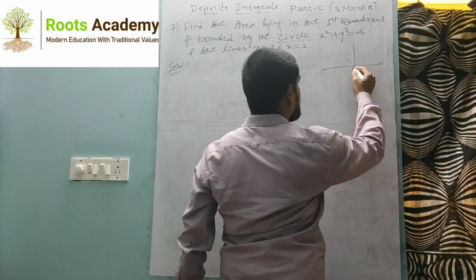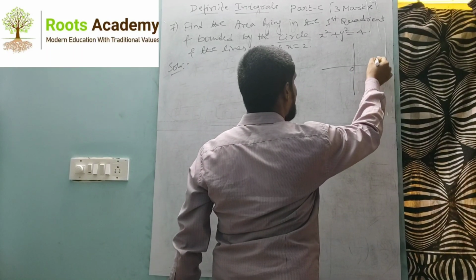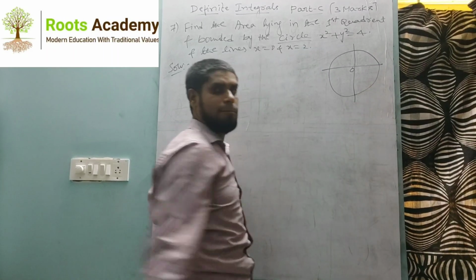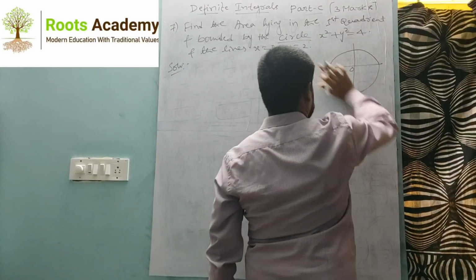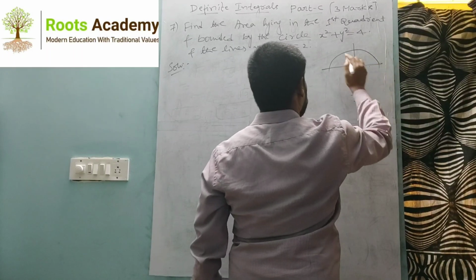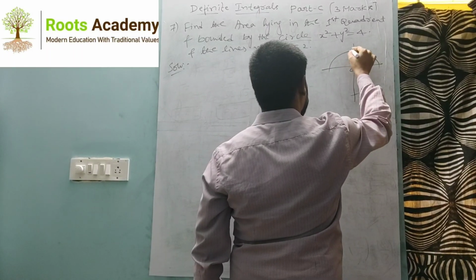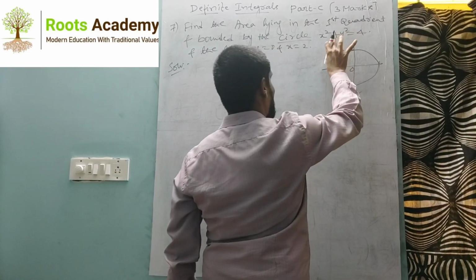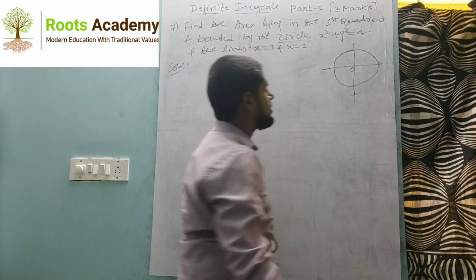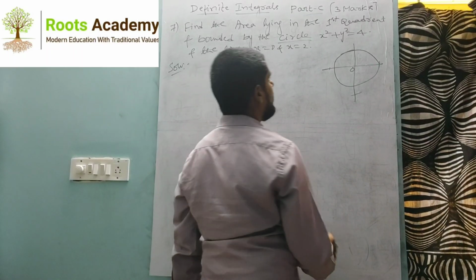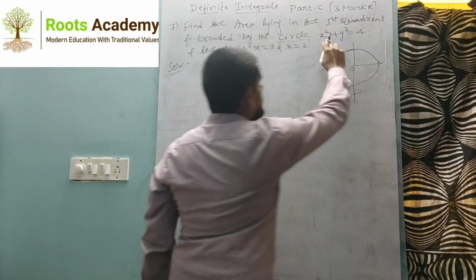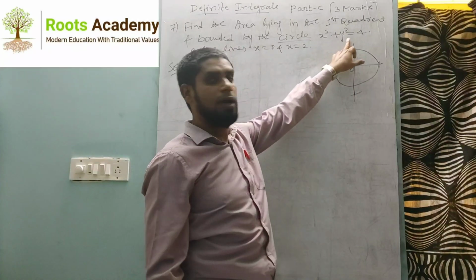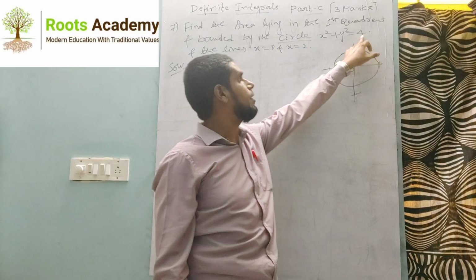This is the center of the circle. If this is the circle, student, the equation of a circle we know is x minus h whole square plus y minus k whole square is equal to r square.